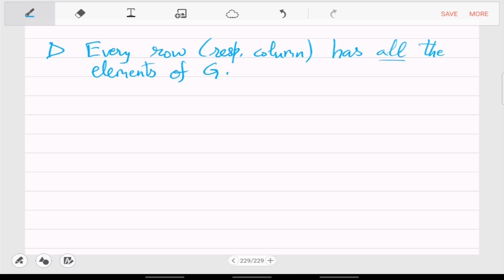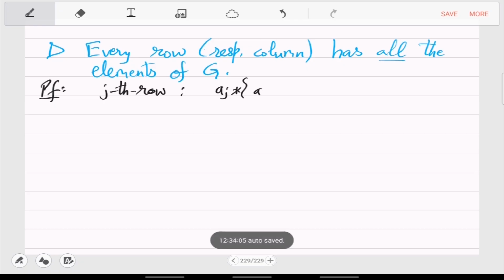Why is that? Right, this is the inverse axiom. So the jth row is AJ times A1, A2, and so on.